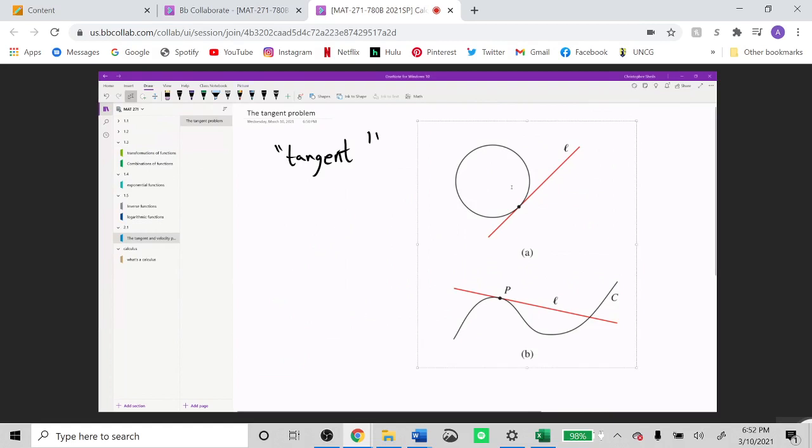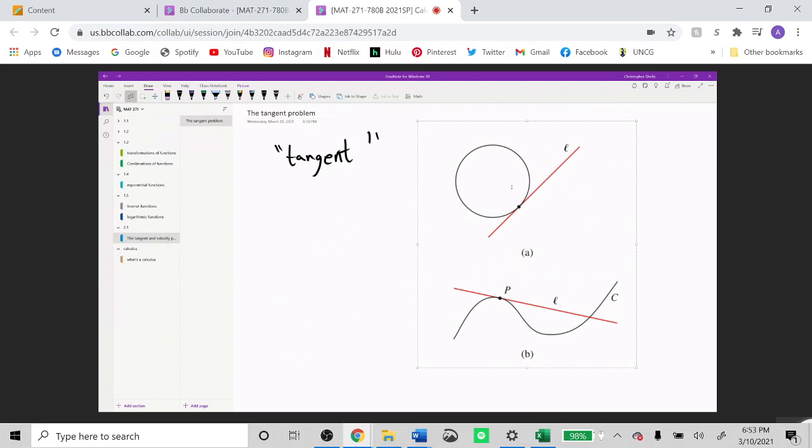For figure A here, we have a circle with a line that intersects it at exactly one point, right? For figure B, we have a line that appears to be tangent to this curve at a point. Although, because of the nature of the curve, this tangent line at the defined point P has to necessarily intersect that curve twice, right?